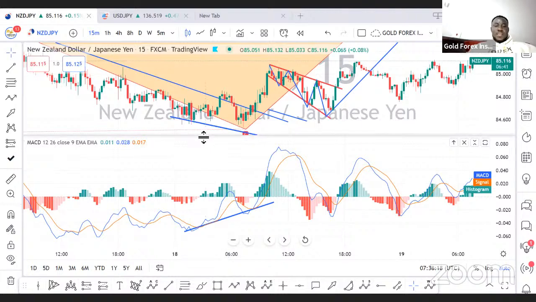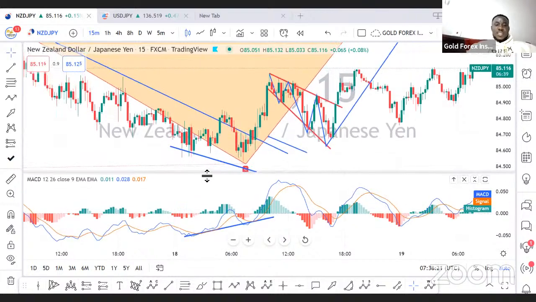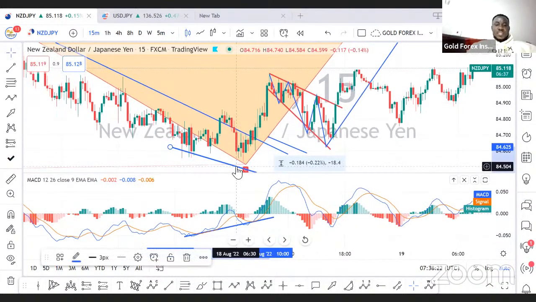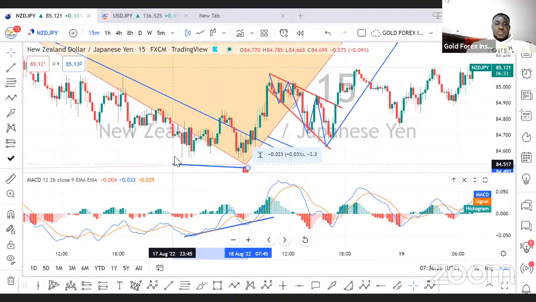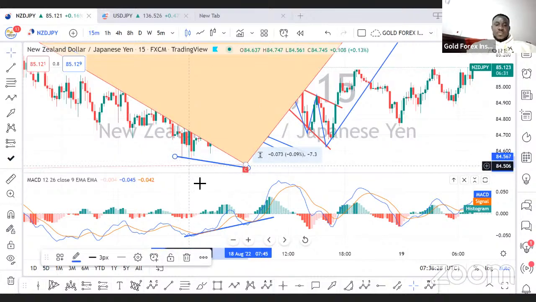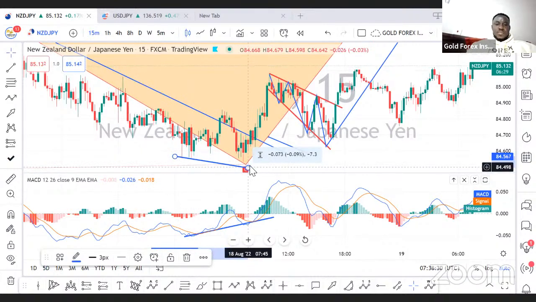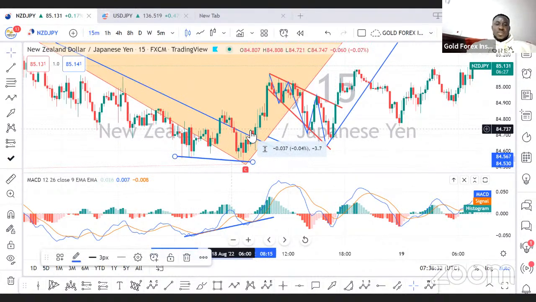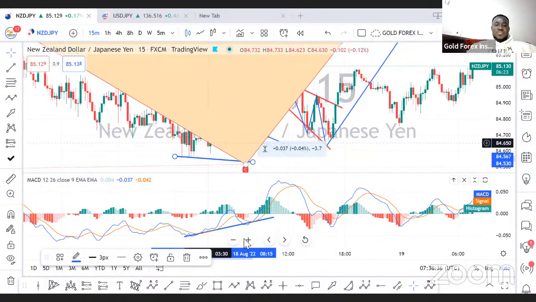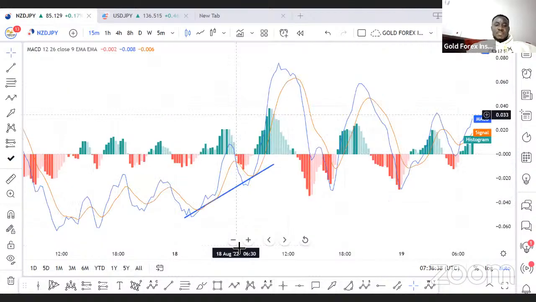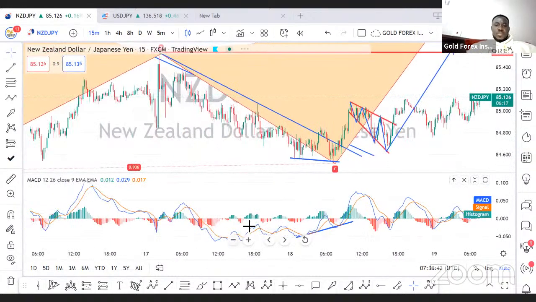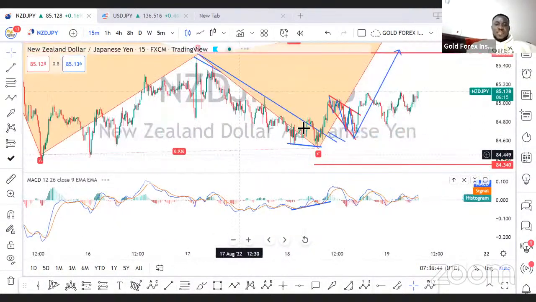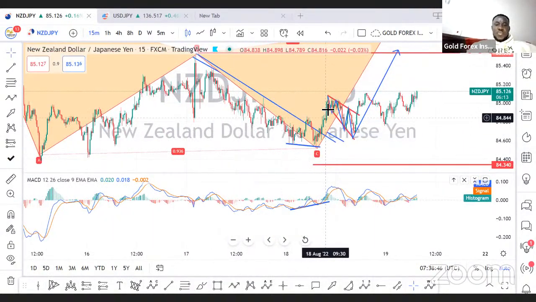So we had a divergence which brought about a change of direction. I think it was somewhat like this. So that brought the change of direction. Now, when the trend broke, we called a buy. So we called a buy after the break of the trend, and we were in good profit.